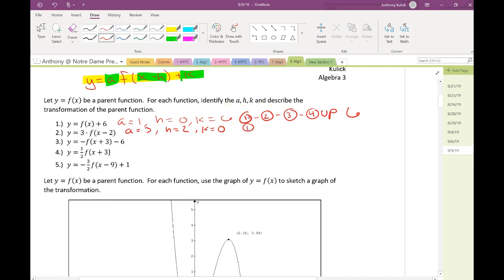So again, number 1 is concerned with the sign on A. Since A is positive, that doesn't do anything. 2 is concerned with the magnitude of A. Since the magnitude of A is bigger than 1, this is a vertical stretch. 3 is concerned with the value of H. Since H is positive, it's going to go right. And since H is 2, it's 2 units to the right. And then 4 is concerned with the value of K. Since K is 0, that doesn't do anything.